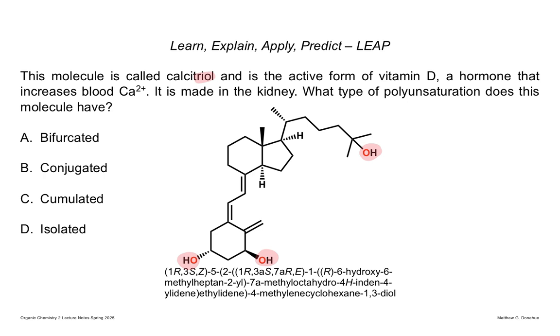So if we visually look for the sp2 hybridized carbon atoms that are present in the pi bonds, we see 1, 2, 3. They're separated by sigma bonds. So overall, this would be a conjugated system.